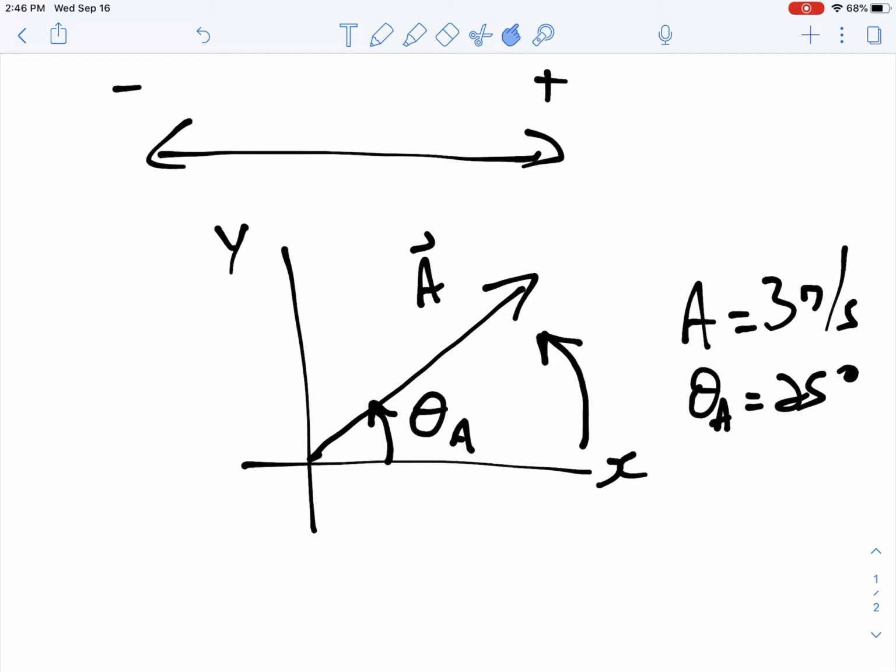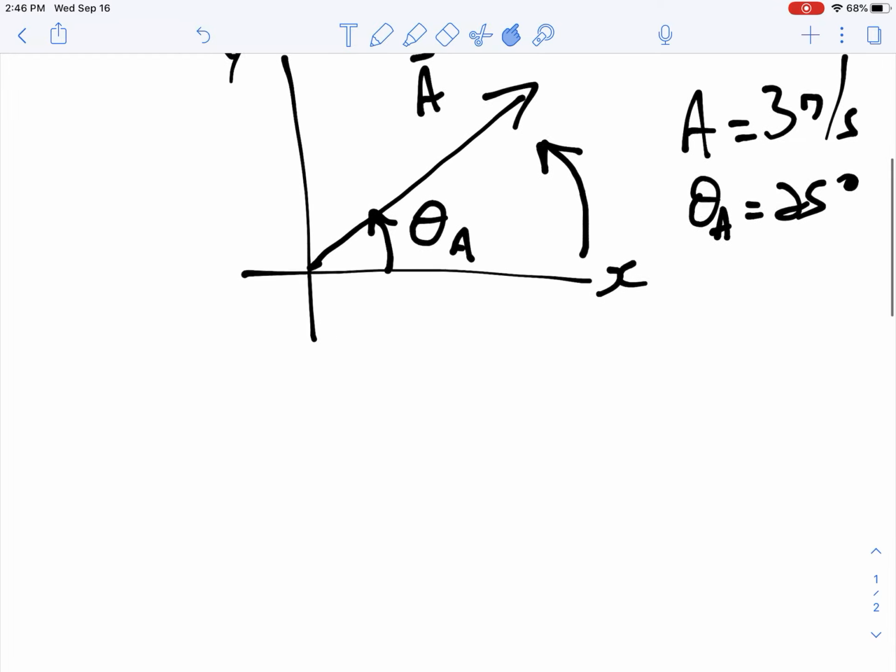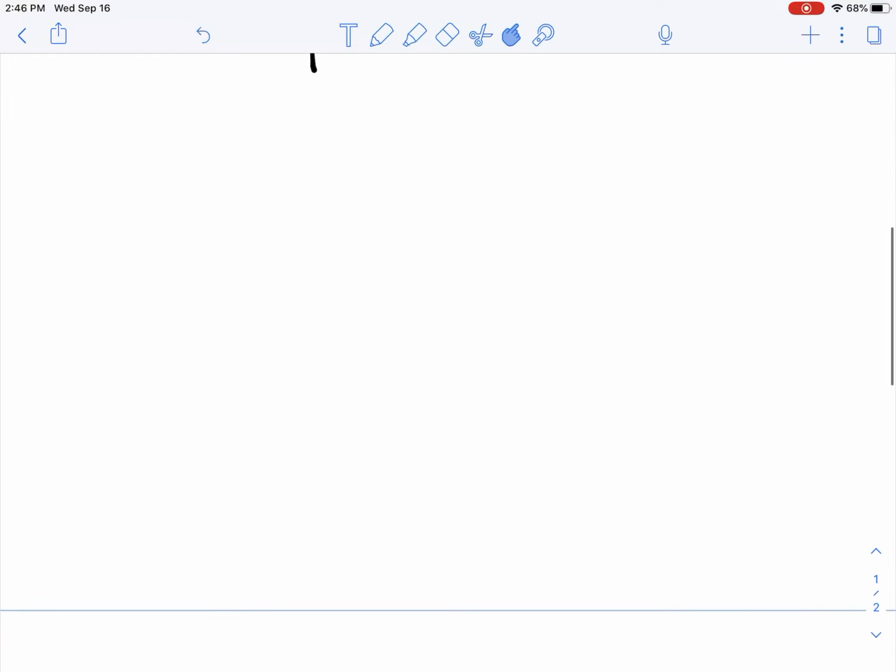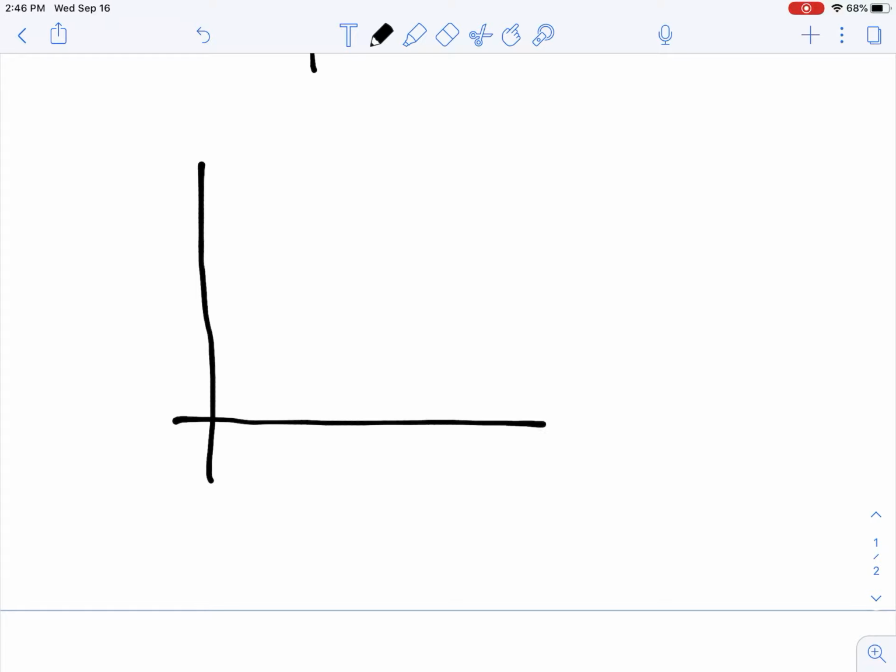Alright. So let's start analyzing 2-dimensional vectors. I'm going to make another graph here. There's the x-axis and y-axis, and there's a vector A. Now, all vectors in 2 dimensions can be thought of as being created from, or being the vector sum of, an x component and a y component.